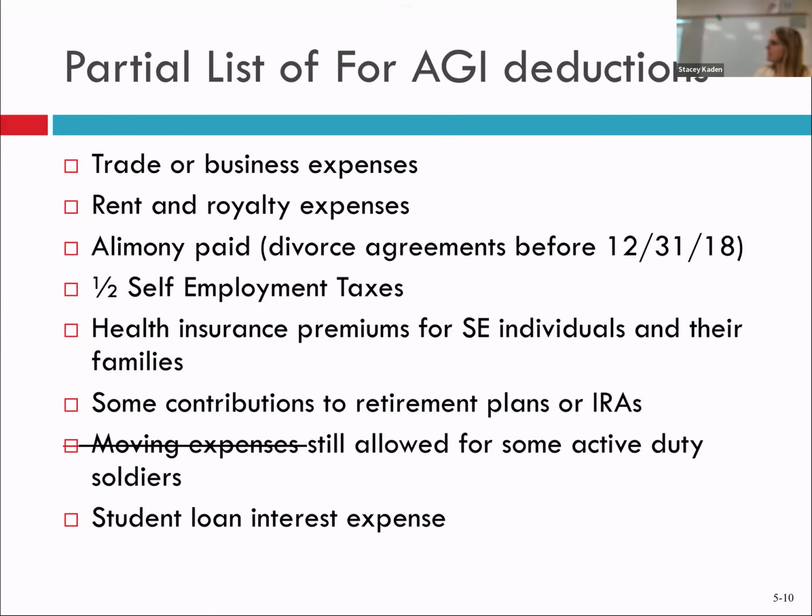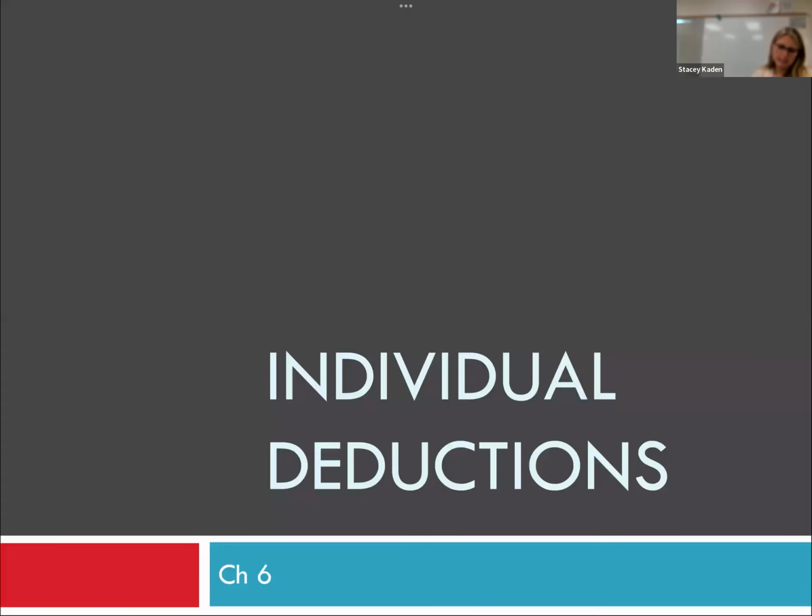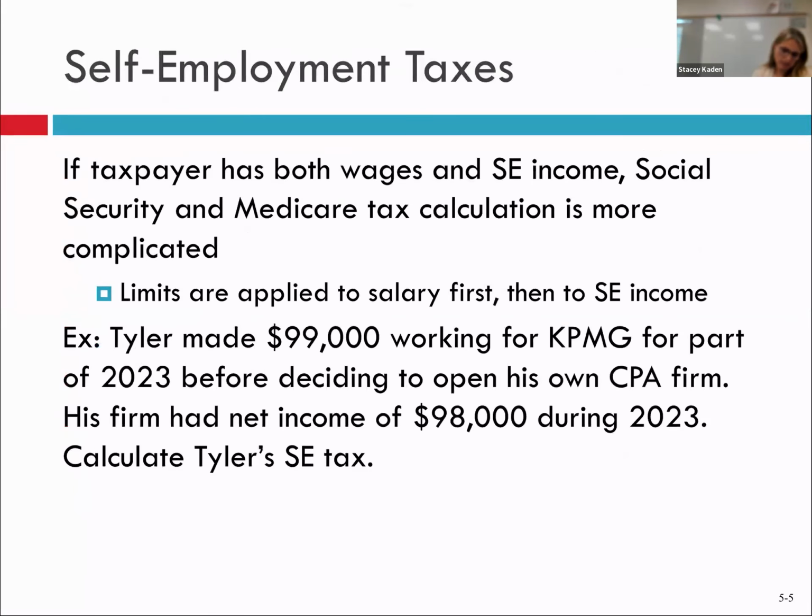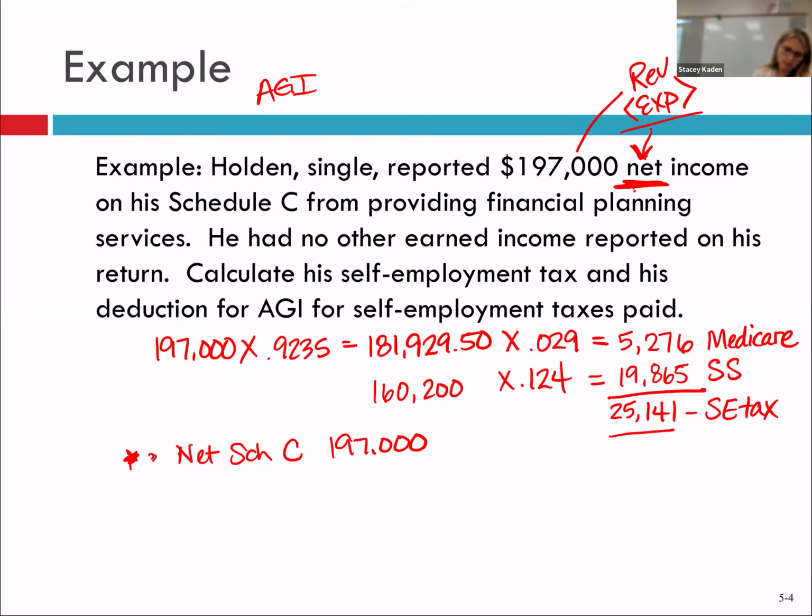Okay, studied this for the test. Partial list of AGI deductions. Half of the self-employment taxes, you get a deduction to calculate your income. So if we take this times 1/2, we get 1/2 SE tax. We have a deduction of 12,571.